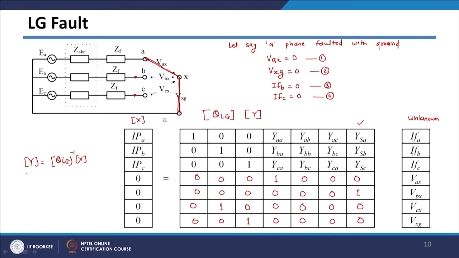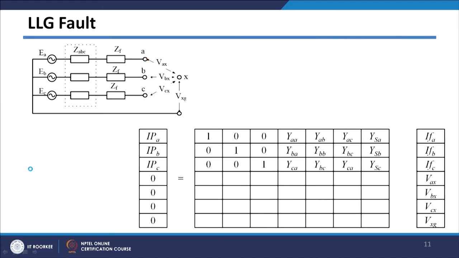So we can get these fault currents after solving this. Let us see, in the case of an LLG fault, how we can get these remaining 4 equations.